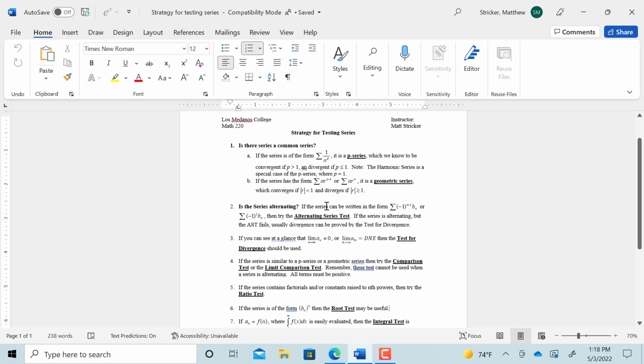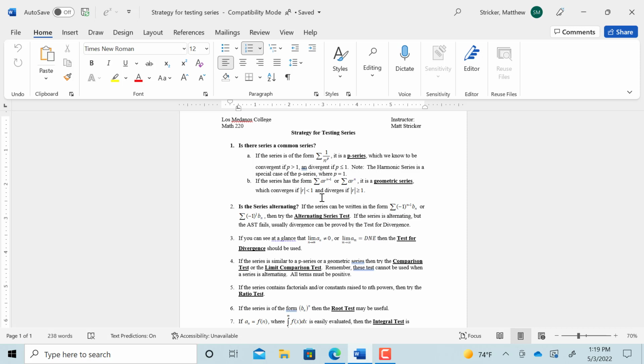So the first question you want to ask yourself, you can see here, is the series a common series? So is it the P series, which looks like 1 over n to the P, or is it the geometric series, which looks like a constant times some common ratio r raised to the nth power.